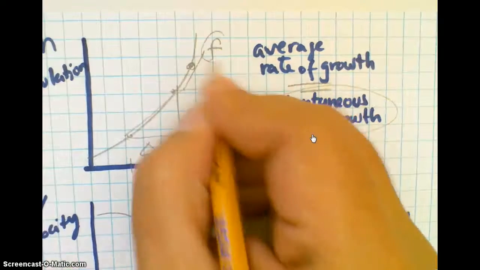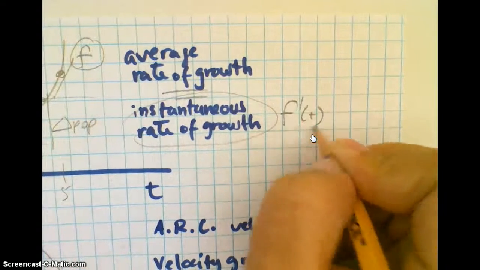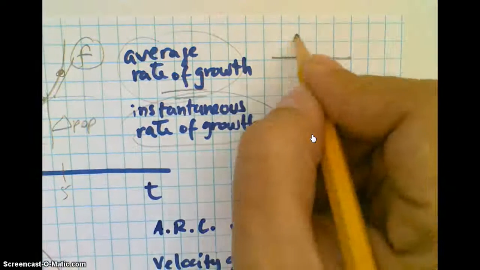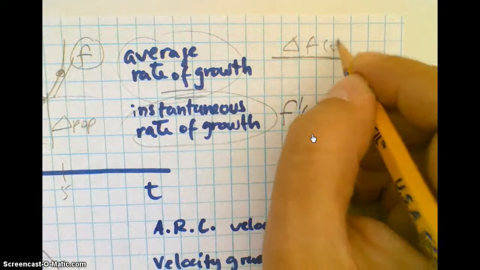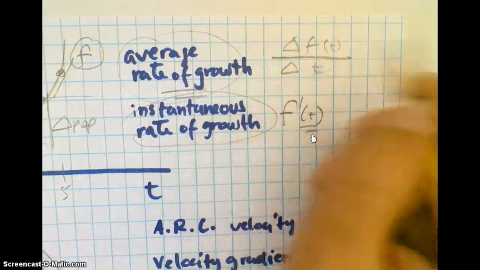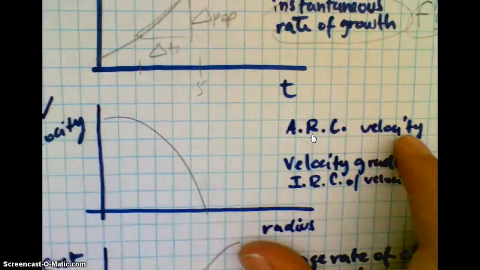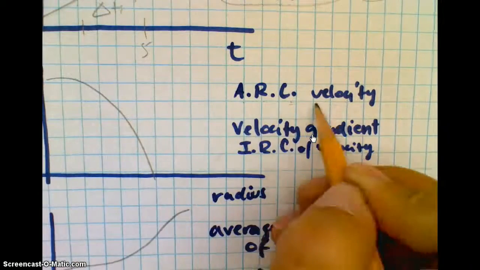Then if you know what f is, the instantaneous rate is f prime of t for whatever t you want. The average is only the change in f over the change in time. But for instantaneous, it's always the derivative. It works for velocity too: average rate of change in velocity.